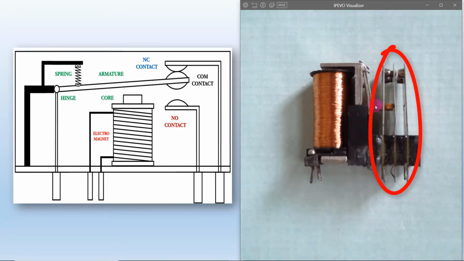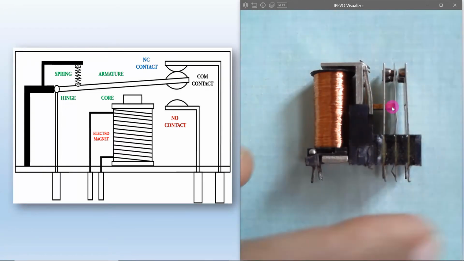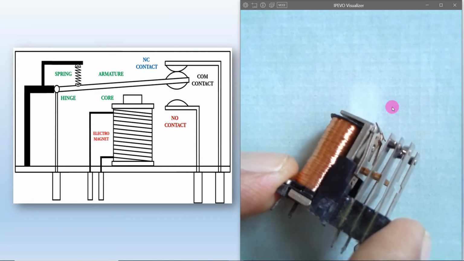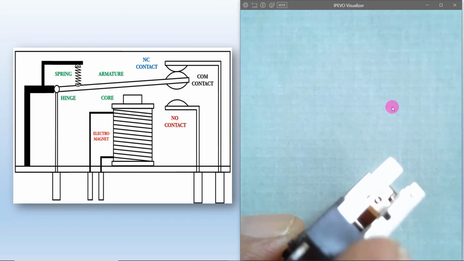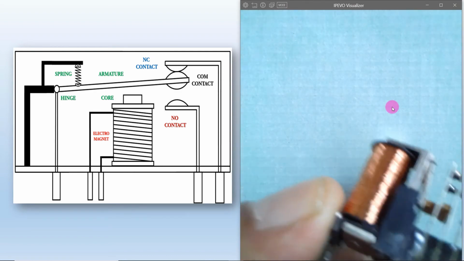There is a mechanical switch, shown over here, and you will find that whenever this is magnetized, this armature is pulled over here, and therefore this will push the armature into these particular contacts. So that is what it looks like.